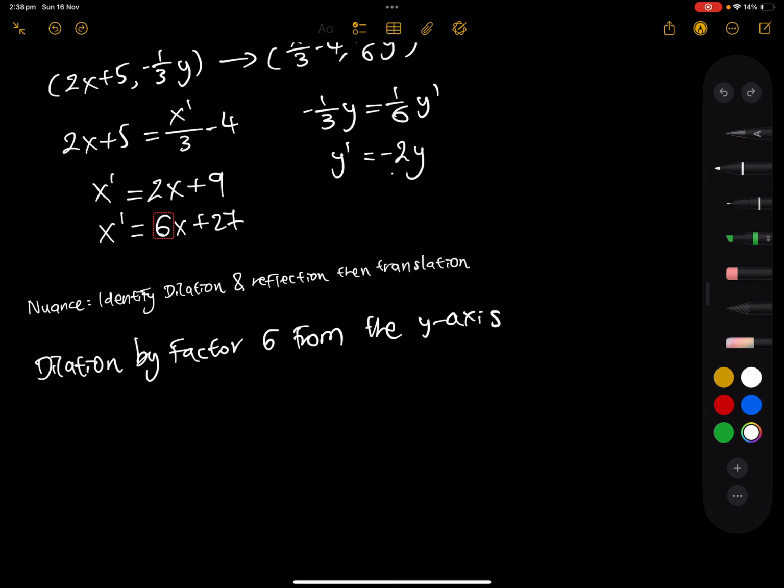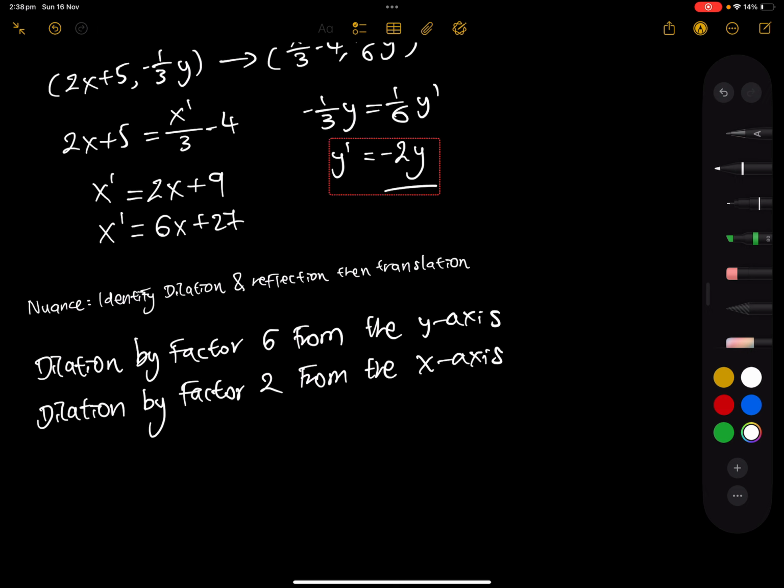And then for our y-coordinates, that is a dilation by factor 2 from the x-axis. Why? Because we're multiplying our y-coordinates by 2. That means we're stretching our graph and pulling it away from the x-axis. That is why it is called a dilation by a factor of 2 from the x-axis.